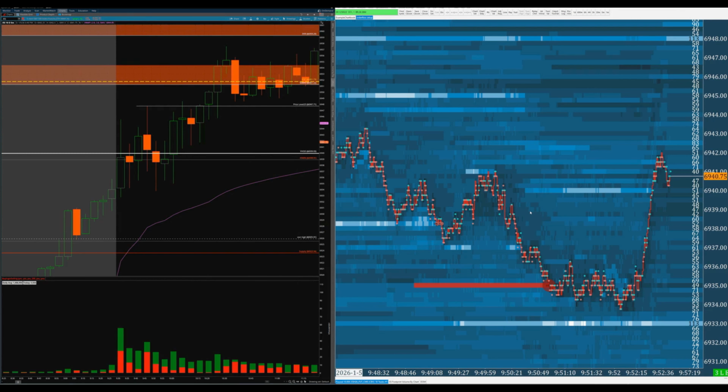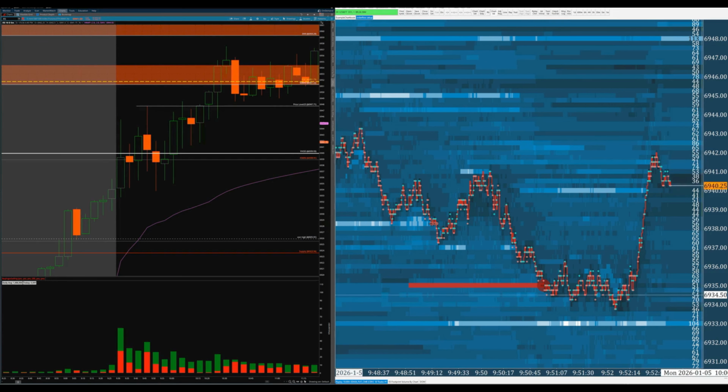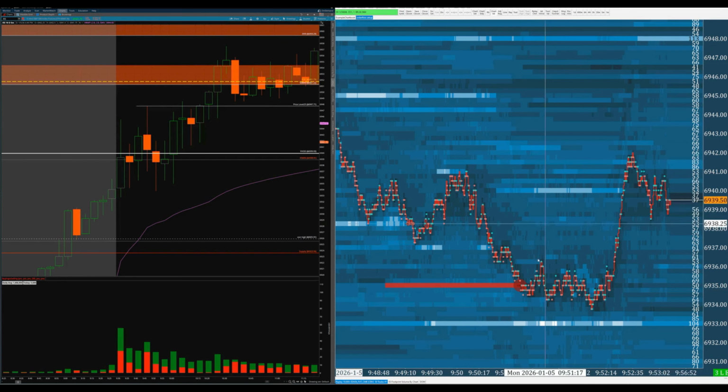Okay, so I'm going to keep replaying this data. I want you guys to keep a close eye on 6935. 6935 is the level where this bid appeared, and I'll be showing you guys the replay further to see how price responded with this area.